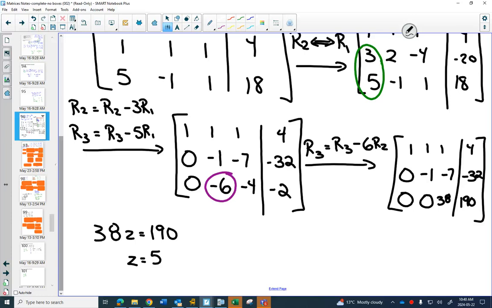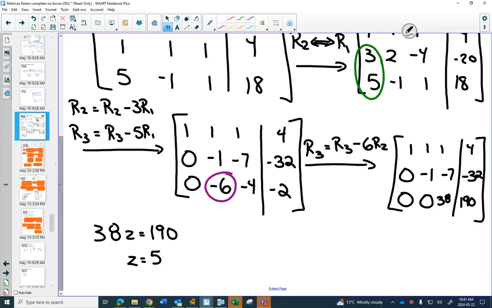Start over, try again, go slower. Then you try slower, it doesn't work again. Start over, make sure you wrote down the question correct, because that is the most frustrating thing in matrices. You do it 7 times, it never works, only to realize you didn't copy the question down right. Super frustrating. So now we got z is equal to 5.